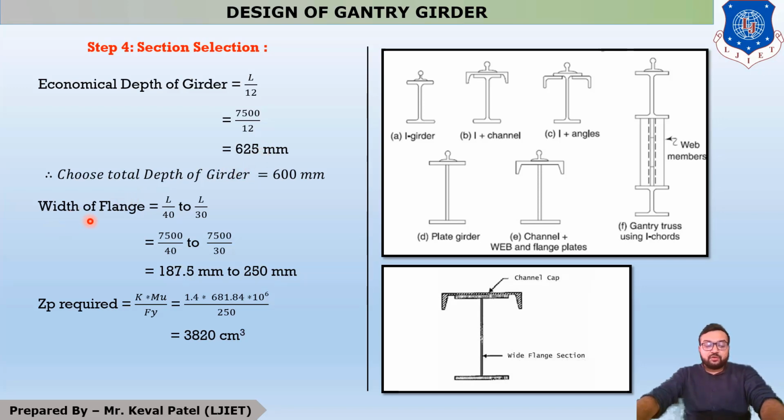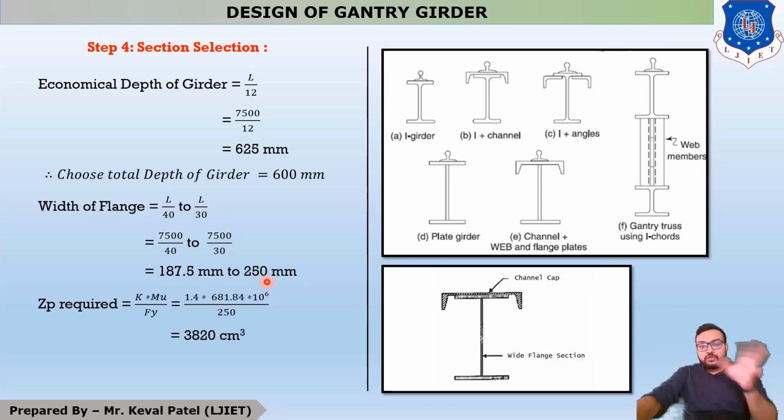Second is width of flange. So width of flange, it means your I section, I girder's width, is in the range of L by 40 to L by 30. Okay, now if we are taking the value of L as 7500 mm, then it is 187.5 to 250 mm.